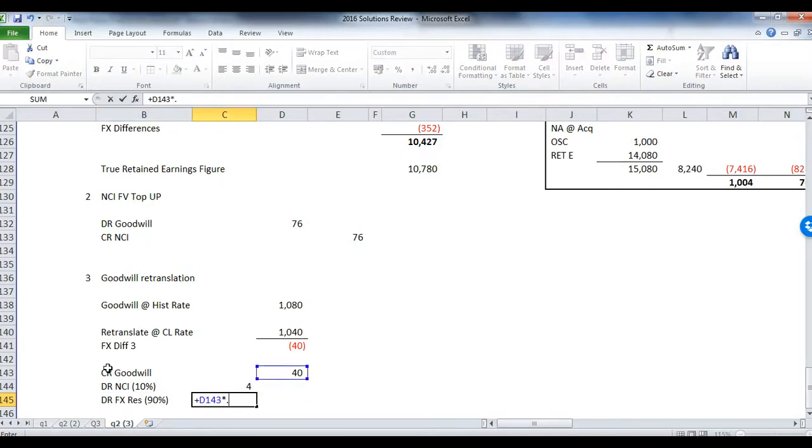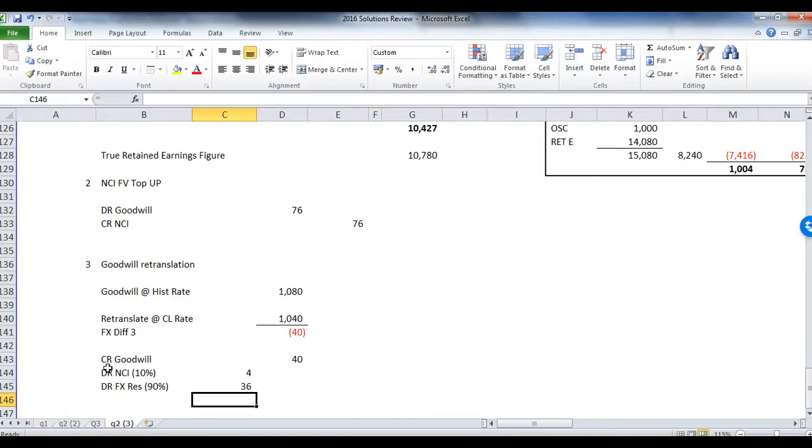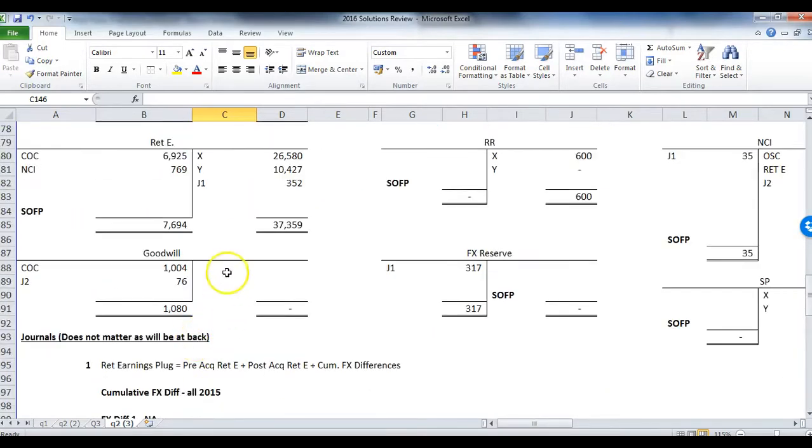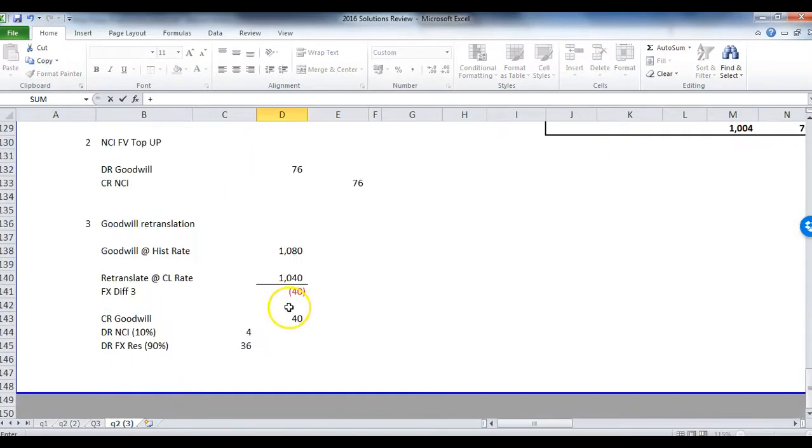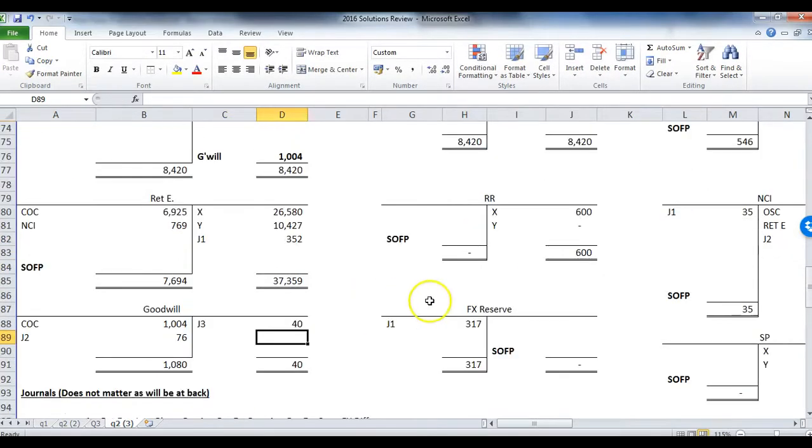So the key point here is that if NCI was not measured at fair value, all this goodwill FX difference would go to the foreign exchange reserve, none to the NCI. But because it's measured at fair value, you do put a portion. So journal 3 then, you reduce it by the 40. The foreign exchange reserve gets another one, so that's 1 and 2.